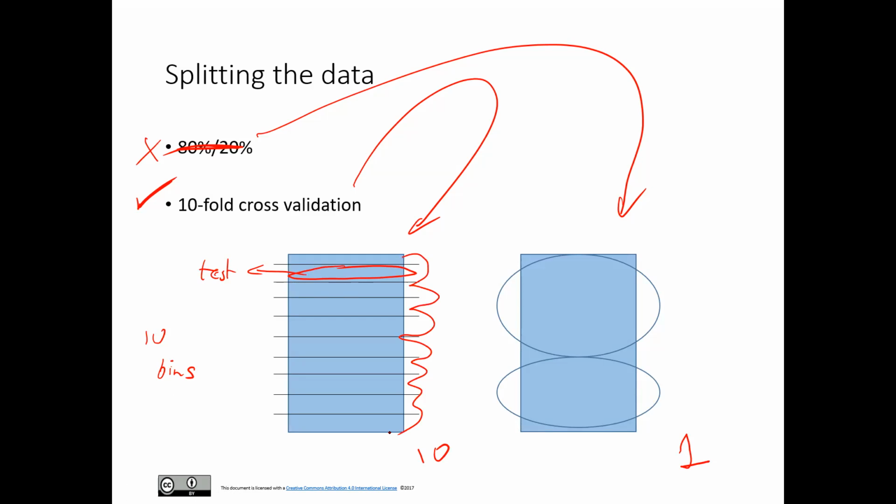So I train on all the other models, and then I leave that one out as test. Then in the next iteration, you grab the next one. So I grab this one as test, and I train on the rest. Then in the next iteration, I grab this one as test, and I train on all the rest. That way, you're basically performing the same operation 10 times, but with different samples organized in different ways. And in general, then, you get 10 responses instead of one.